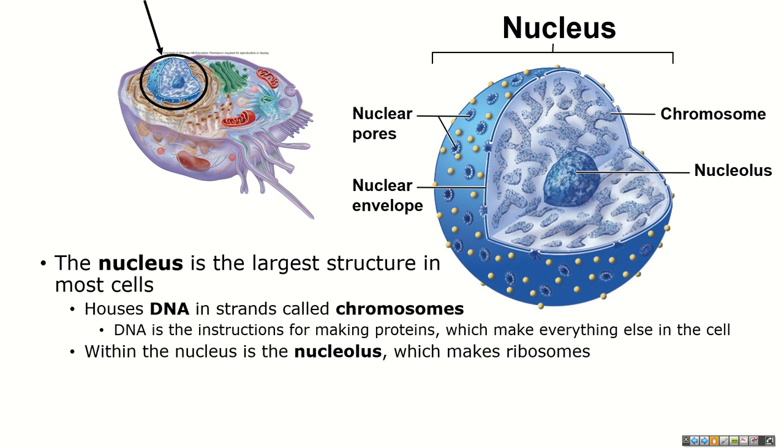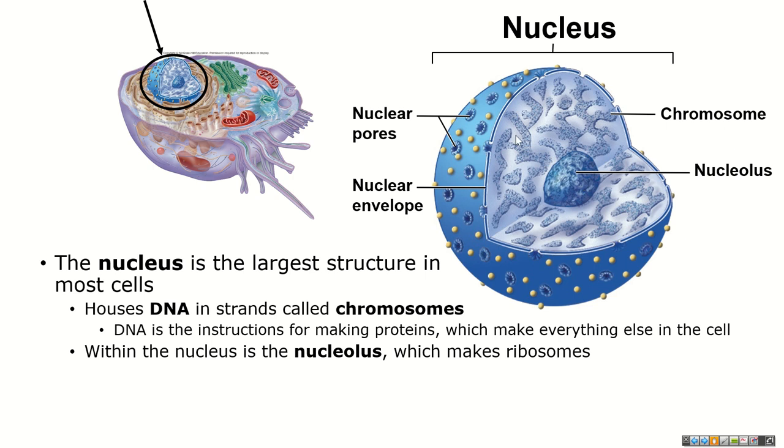Within the nucleus, there is a smaller structure called the nucleolus, and this structure is going to make the ribosomes. Okay, now remember, the ribosomes make proteins, but they do that with the instructions from the DNA. So in order to make a protein, you first have to make a ribosome. That happens in the nucleus.